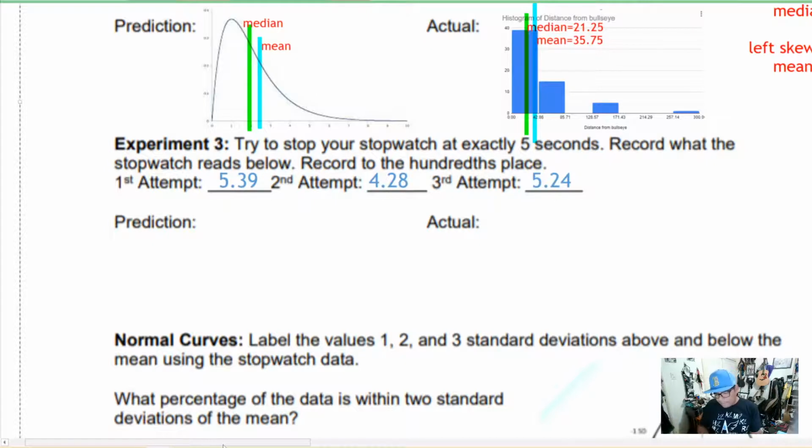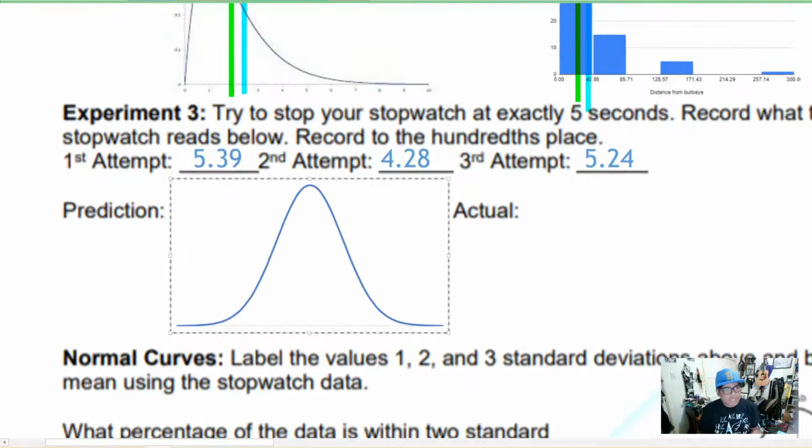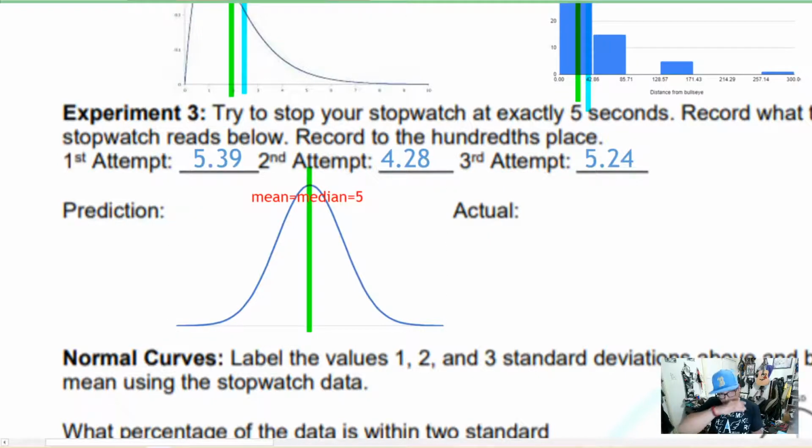So when I envision what this is going to look like, I'm picturing a distribution that looks like this. Now in this distribution, we would have a mean and a median right about at the center because it is symmetric. And that mean and median equal to each other would be right around 5.